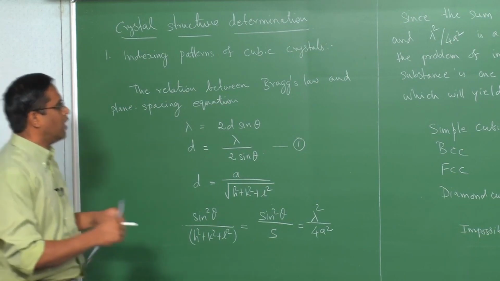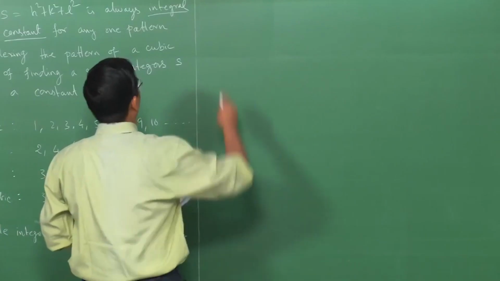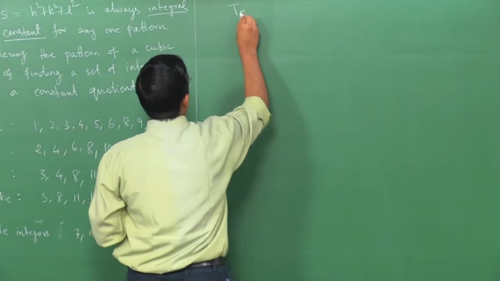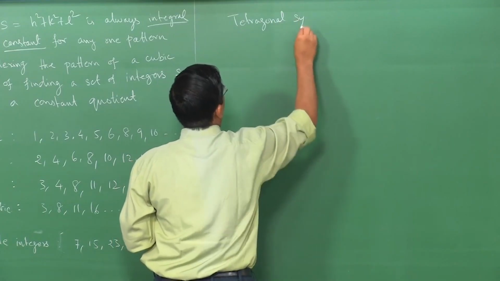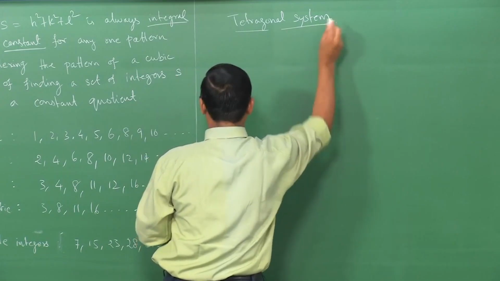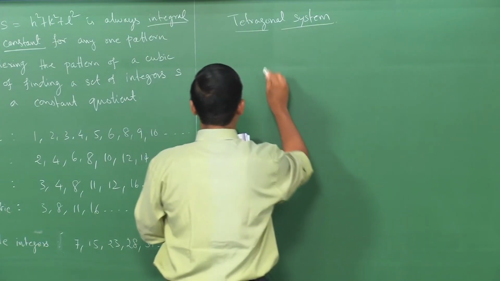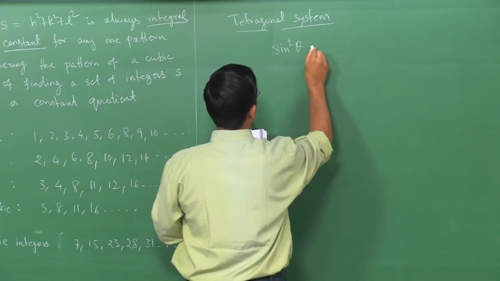And similarly, you can use some other set of values for the tetragonal system. So, the sin squared theta must obey this.